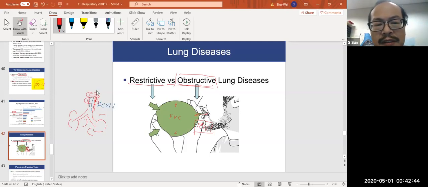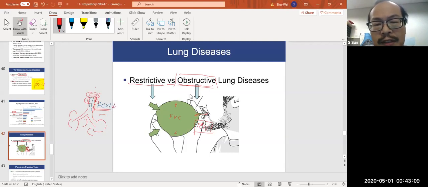And they are super sensitive in this patient. So when there is allergen, it will cause this muscle to contract to make this airway become smaller. And then it will be very difficult to breathe in and out. So you will also see the FEV1 decrease.